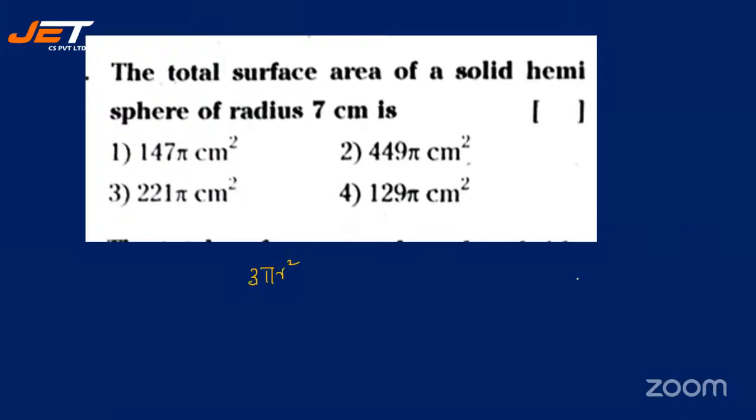Here, if you see the answers, they have given the pi, so you don't have to expand the pi value as 22 by 7. So 3 into pi into 7 into 7. 7 threes are 21, into 7, 147 pi centimeter square.